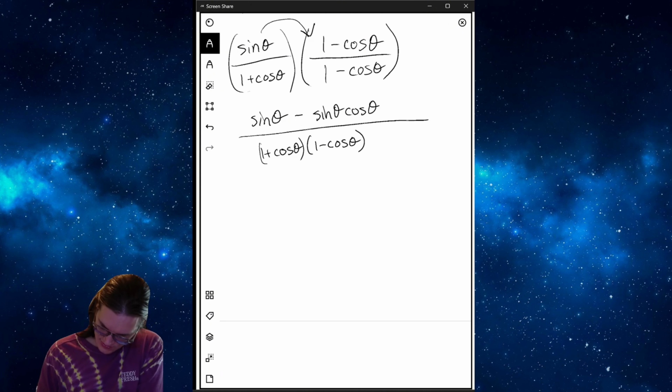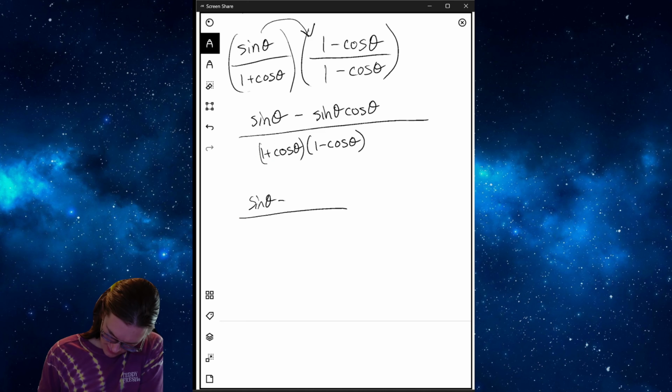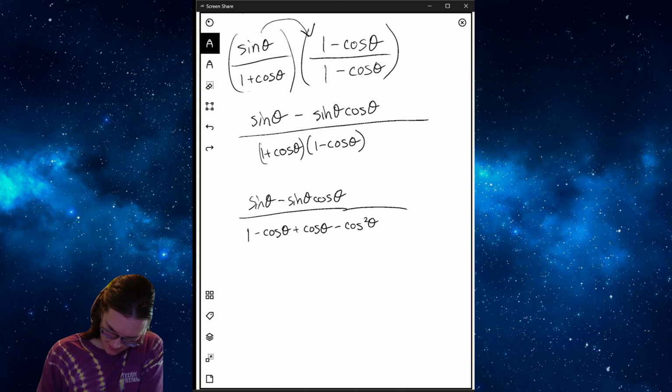Okay, I imagine they want us to do something with this, so on the bottom here I'll distribute. That's going to be 1 minus cos theta plus cos theta, so you can see those two are going to cancel, and minus cos squared theta on the denominator here.